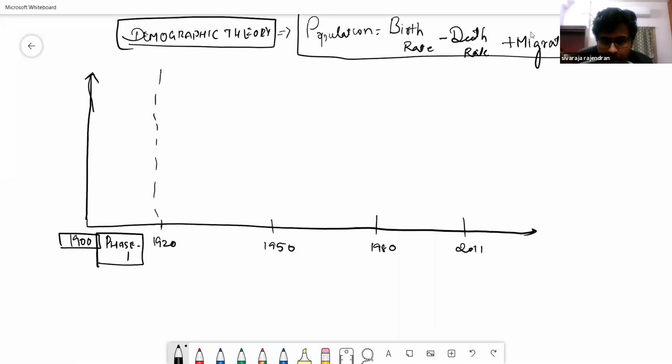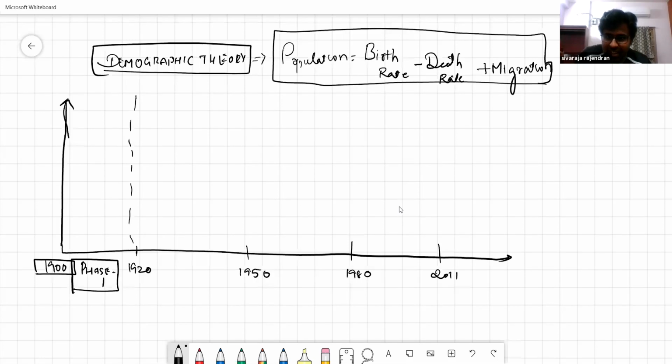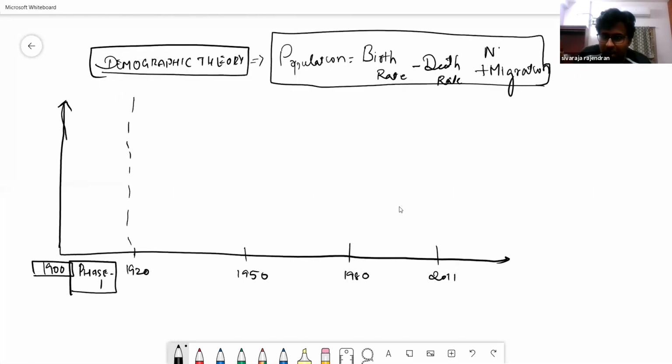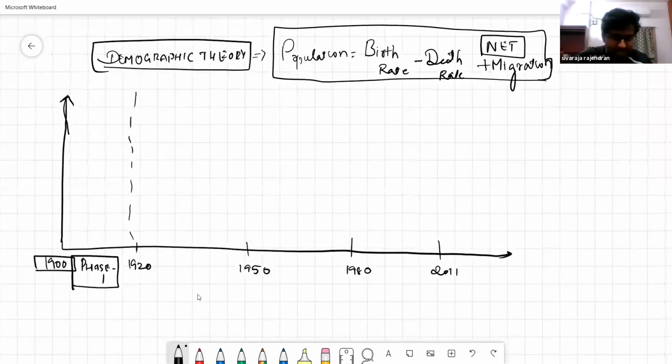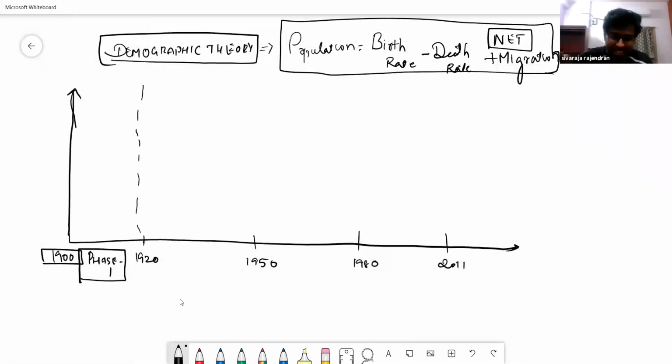Net migration, let us have this net. That is a good point as well. We have to subtract the people who are going out also. Valid point. But anyway, net migration, let us have that.